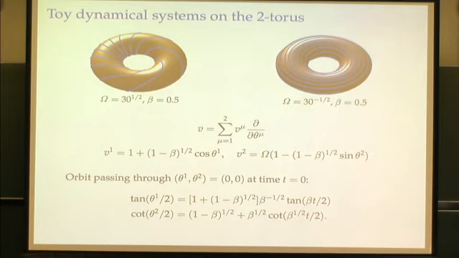Here I just want to show what happens when we apply this framework to a set of toy dynamical systems on the torus, which we can solve analytically. The formulas for the vector field are shown here.